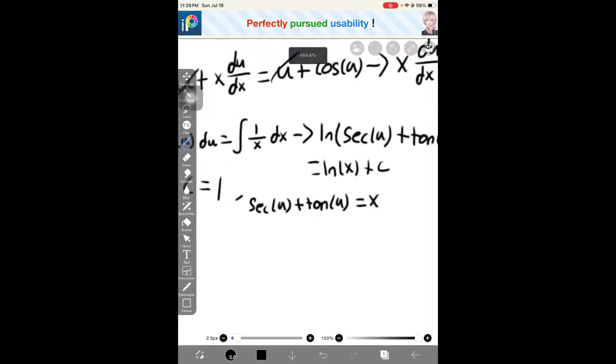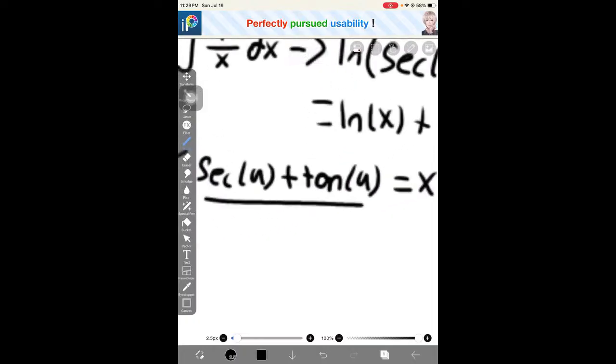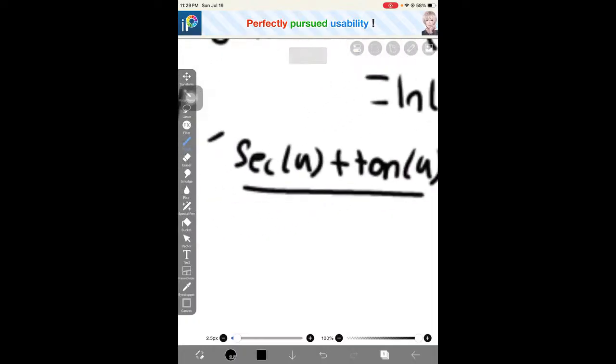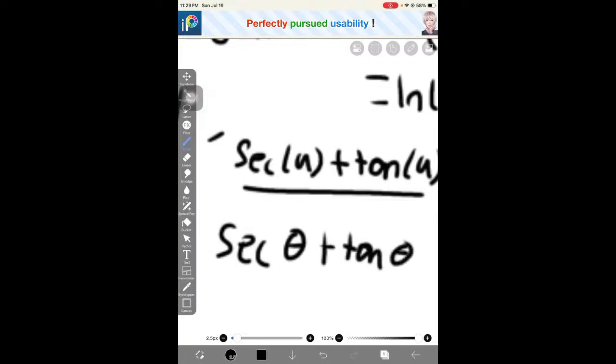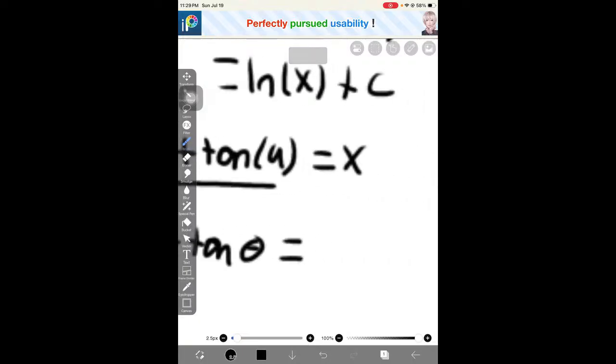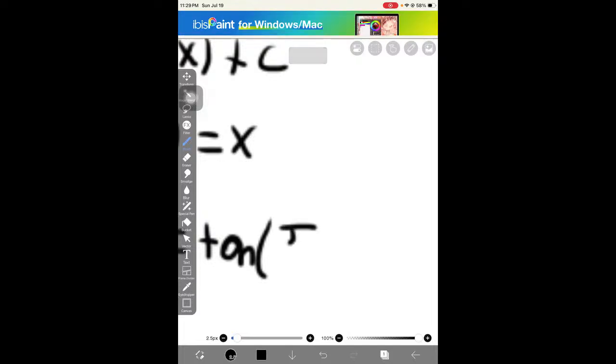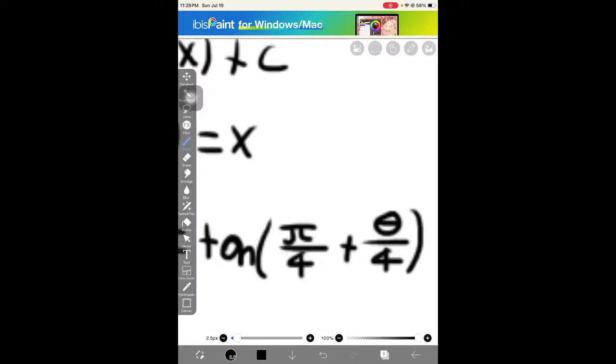Okay, so let's use the trigonometric identity, which is secant of theta plus tangent of theta, and that's going to equal tangent of pi over 4 plus theta over 4. Wait, no. Wrong identity?